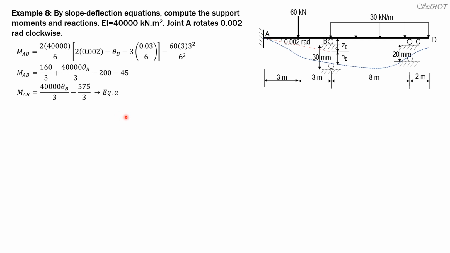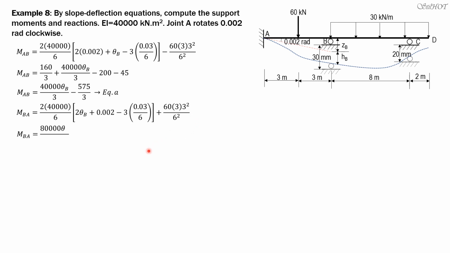Call that equation A. Then for moment BA, it is 2 times 40,000 over 6 times quantity 2 times theta B plus 0.002 minus 3 times delta over L, 0.03 over 6. Then the fixed moment here is positive, it's on the right. So 60 times 3 square over 6 square. So MBA is equal to 80,000 theta B over 3, then minus 85 over 3.